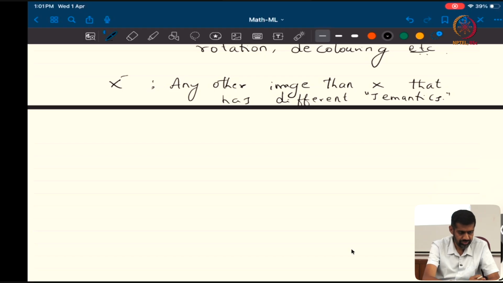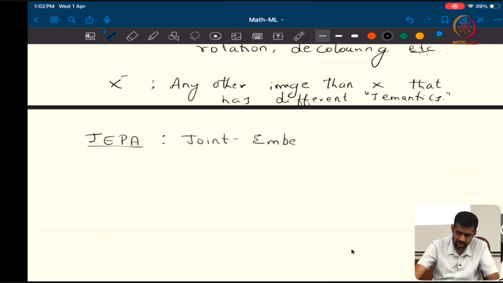Okay. Yeah, so I will stop this lecture with a mention of this particular technique which is called JEPA, referred to as joint embedding predictive architecture.